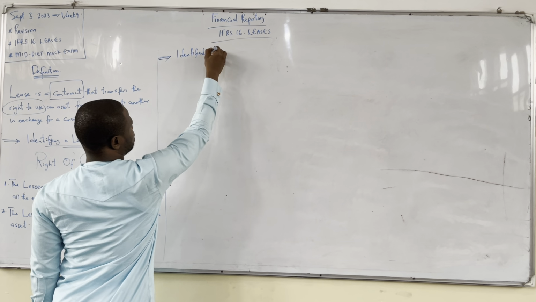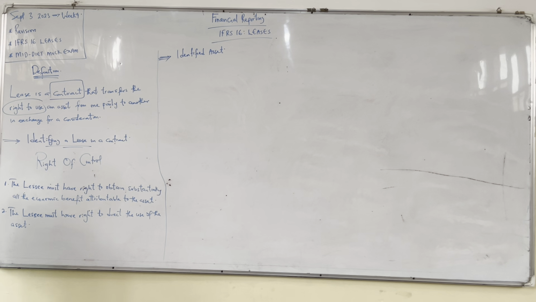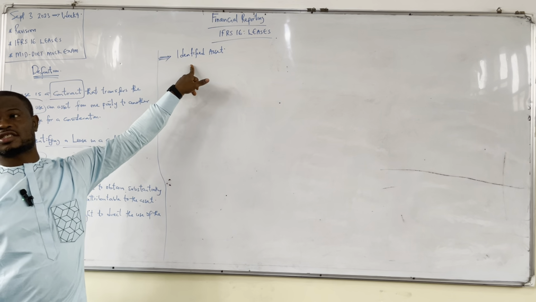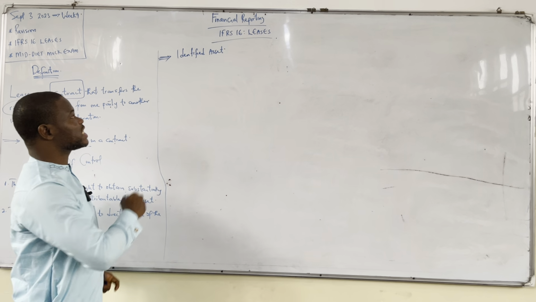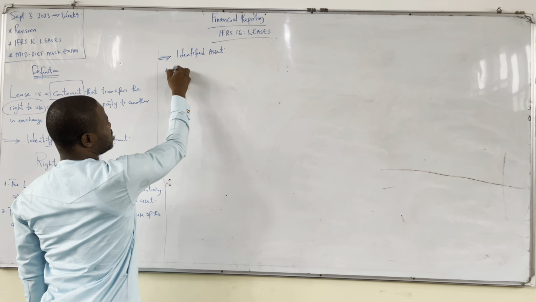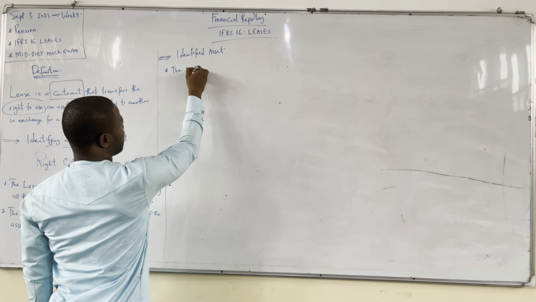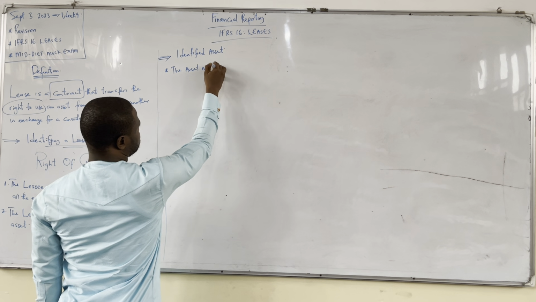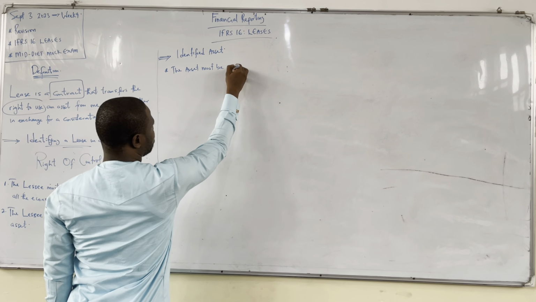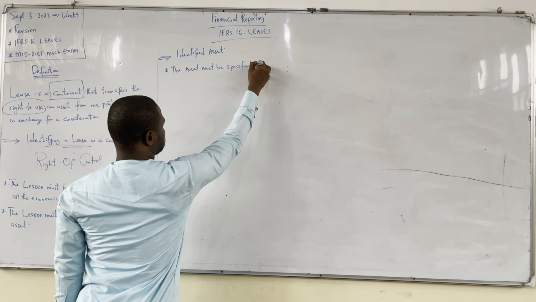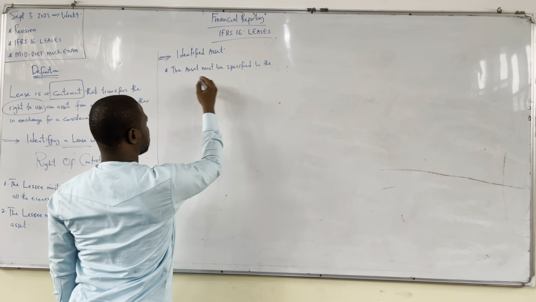In identifying a lease, there is right of control. In addition to right of control, there must be an identified asset, which simply means that the asset must be specified in the contract.